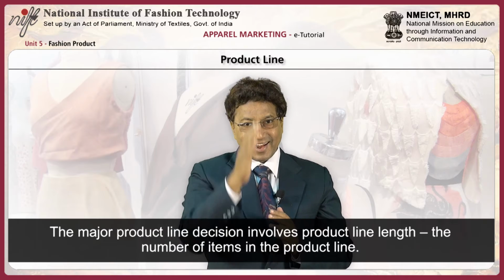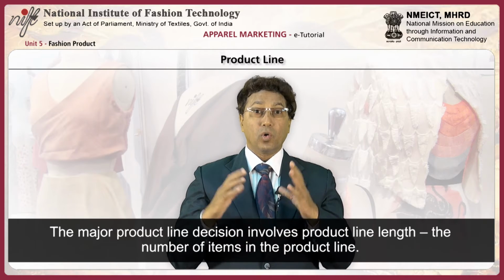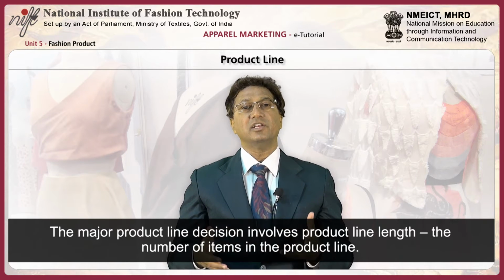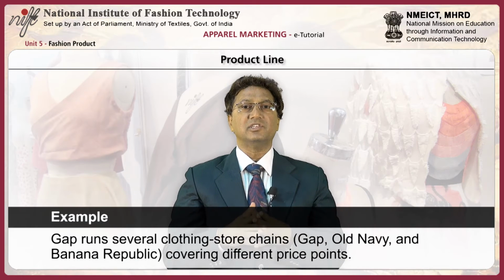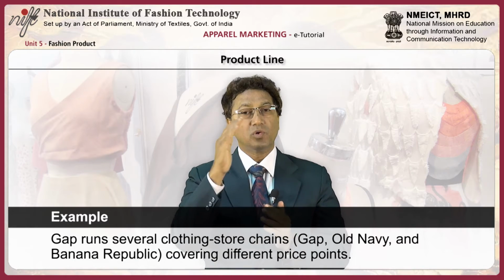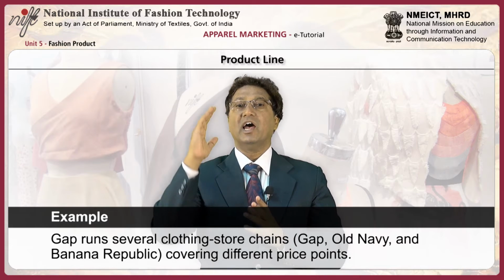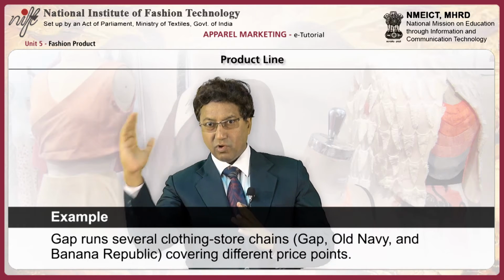The product line length is influenced by companies' goals, expansion plans and resources. For example, Gap runs several clothing store chains, Gap, Old Navy and Banana Republic, covering different price points.